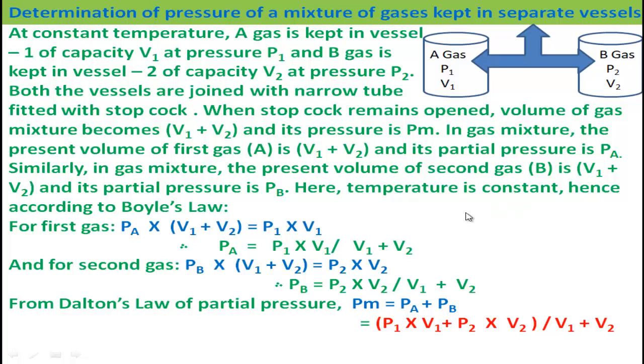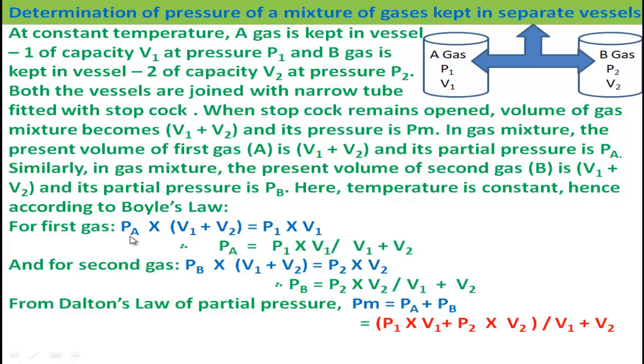Here the temperature is constant, so according to Boyle's law we can write P1 V1 equals P2 V2. In the case of A gas, we write P1 V1 equals partial pressure into total volume. After mixing, their volume will be V1 plus V2, because when we open the stopcock they mix with each other, so the total volume will be the volume of the two vessels.